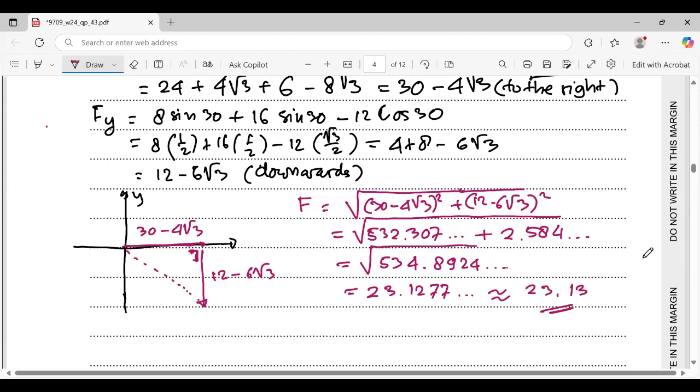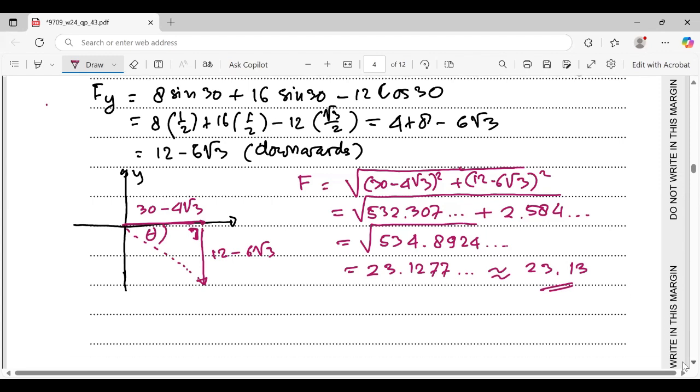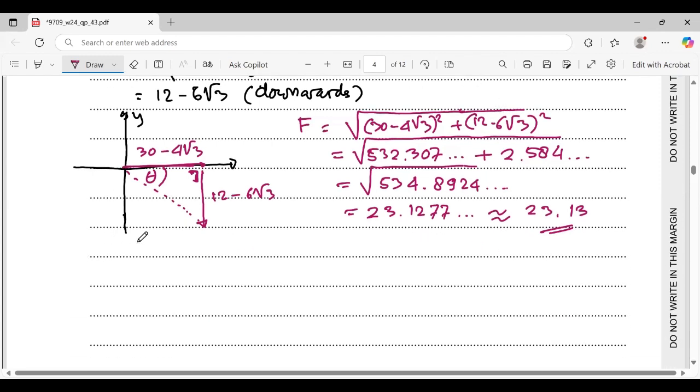23.13. So, after that, we're going to find this theta here. So tangent theta equals Fy over Fx. This is Fy, this is Fx. It becomes 12 minus 6 square root 3 over 30 minus 4 square root 3.